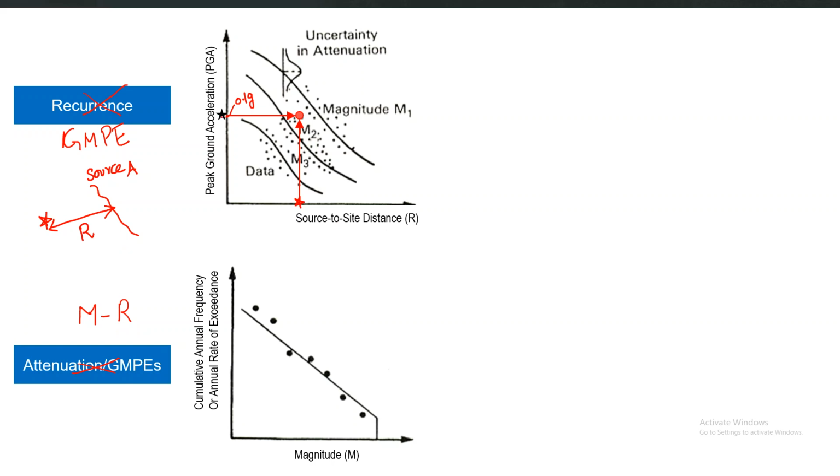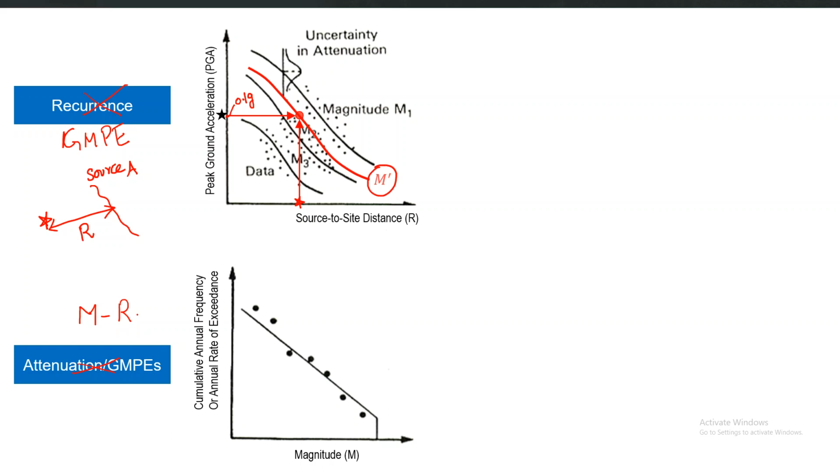We just select one PGA value, and from that we can come up with the magnitude by interpolating between the different magnitudes from the GMP. We can carry out the interpolation between M1 and M2 to come up with the magnitude corresponding to our PGA value and our source to site distance. Let's call it M prime. Now using that M prime, we come to our magnitude recurrence relationship.